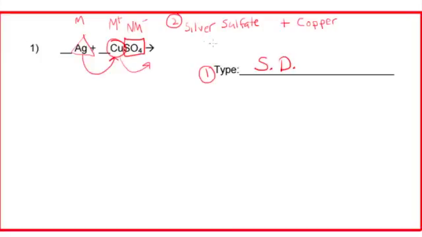Step three is we're going to write what the formula is. So the formula doesn't depend on what was on the reactant side. The formula depends on how it bonds. So if I look up silver, I find out silver is 1 plus ion, and sulfate is SO4 2 minus. If I do a crisscross, I get a 2 there and a 1 here.